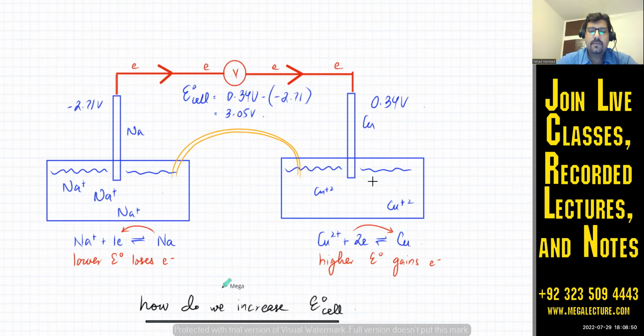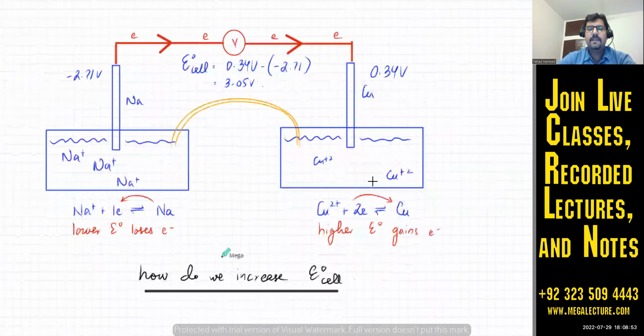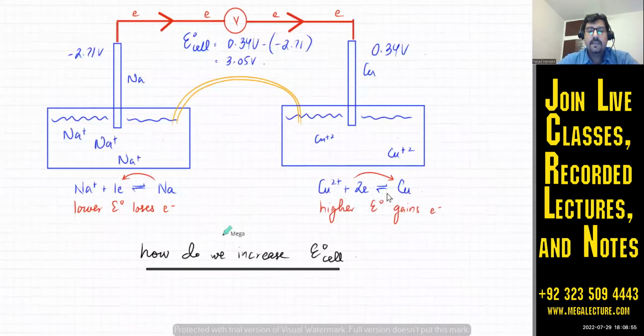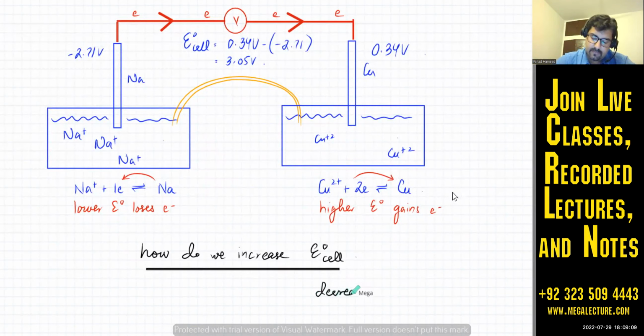So how do we increase E0 cell? The lower potential must be made even lower. You can either decrease the potential on the copper electrode, so you can do two things: decrease the Cu2+ potential.